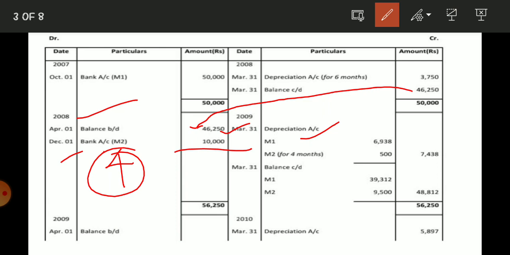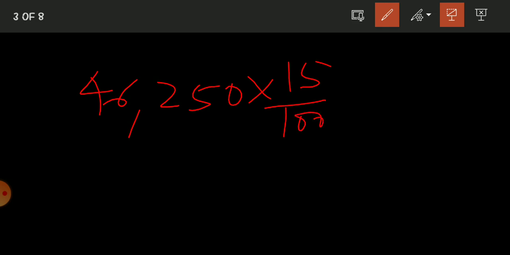So the remaining balance is 46,250 into 15 upon 100. Okay, that is machinery first.